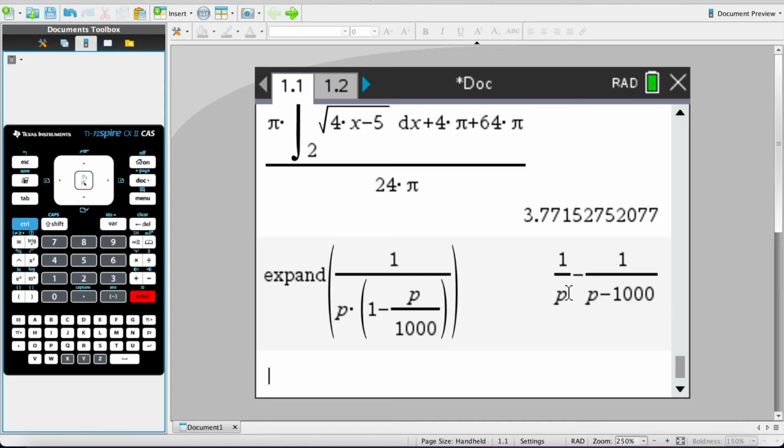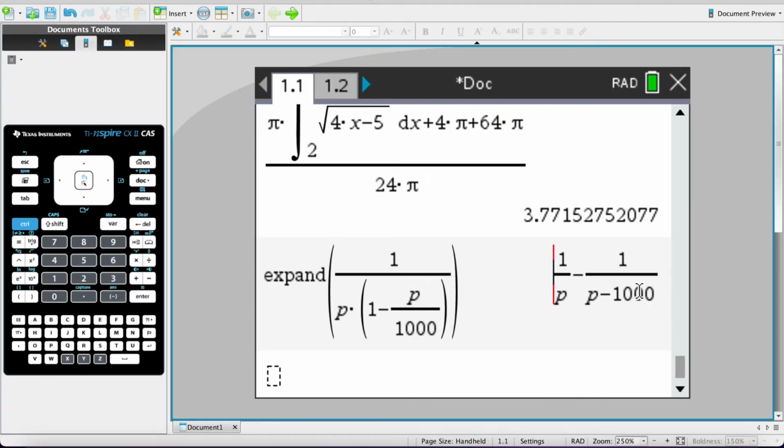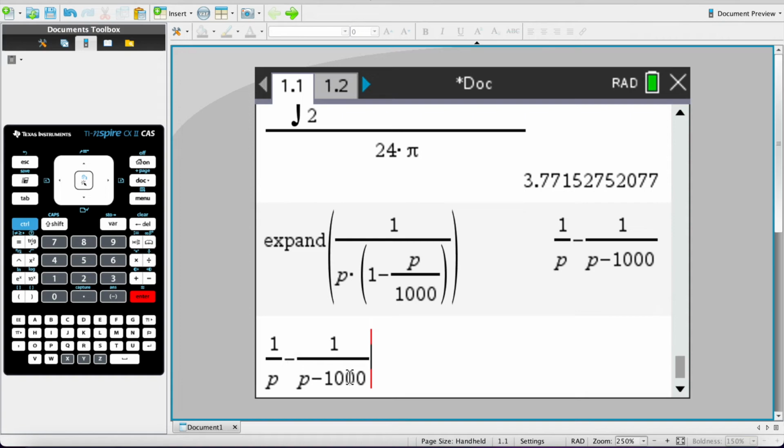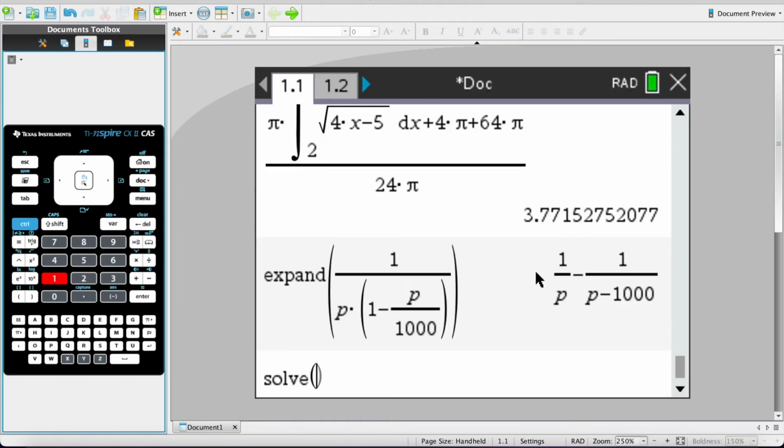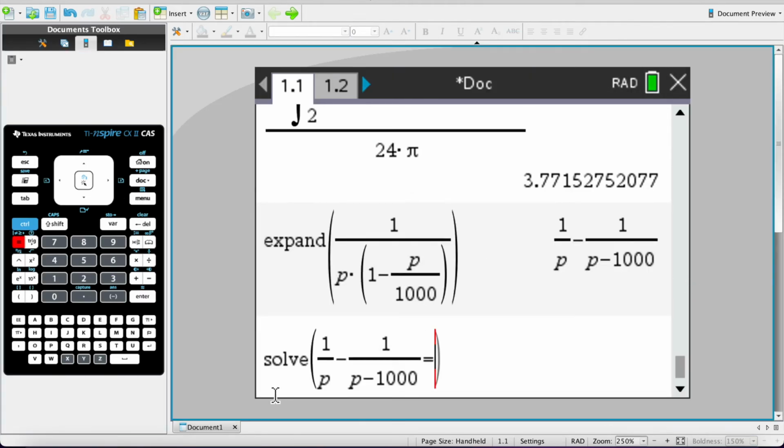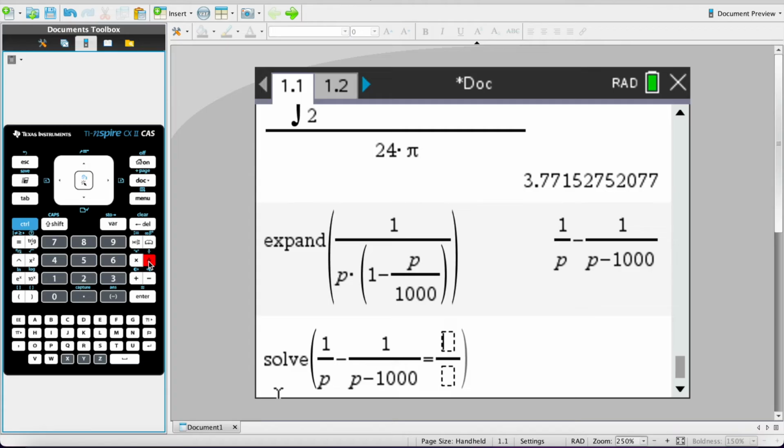And you've got 1 over p minus this. Now, you know what you can do? You can do a solve. This is equal to 1 on p, so it's obvious the first one is 1 on p, and then plus, in the form that they want. You want to solve for b.